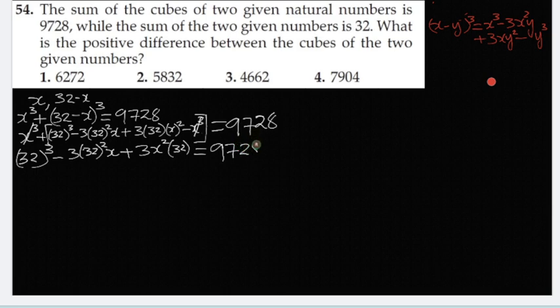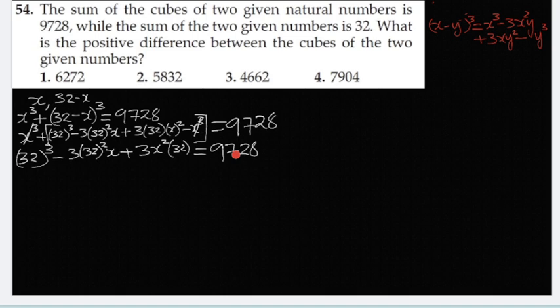So every term here has 32 in it, so we can take it outside and cancel with the 9728.